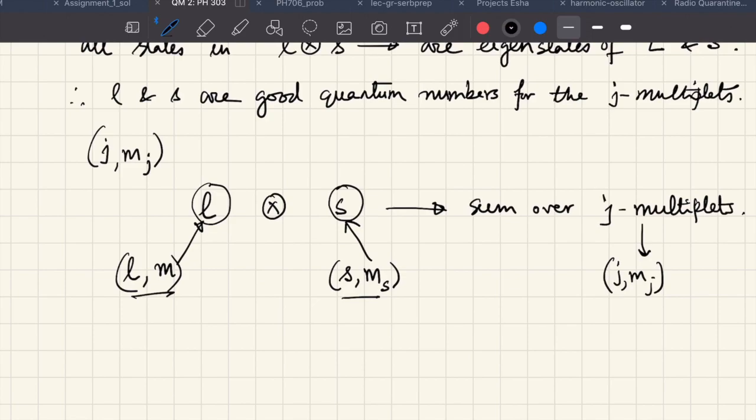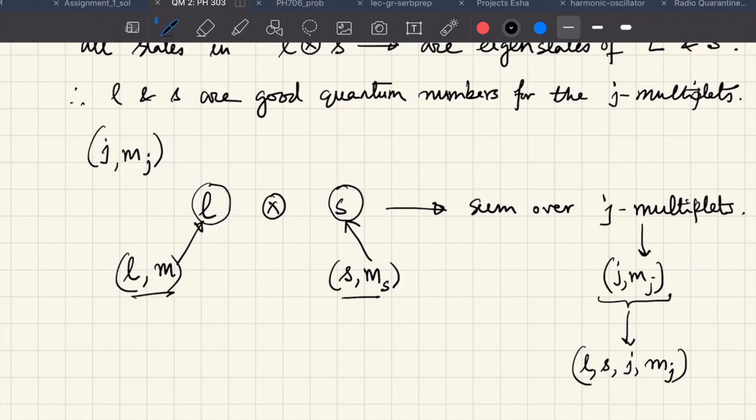But here one may ask this question, can one specify more quantum numbers? In fact, the answer is yes. You can specify more, and that is L, S, J and Mj. Because all the states in J multiplets are eigenstates of L square and S square as well.